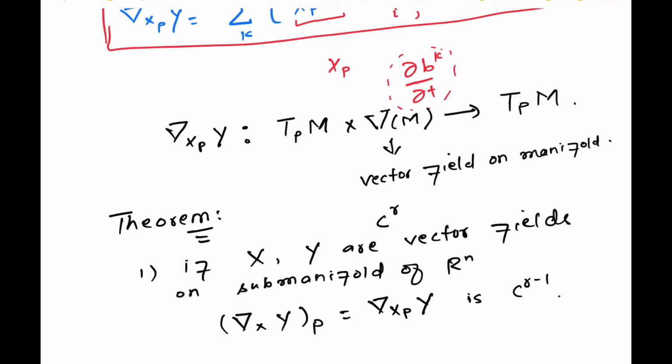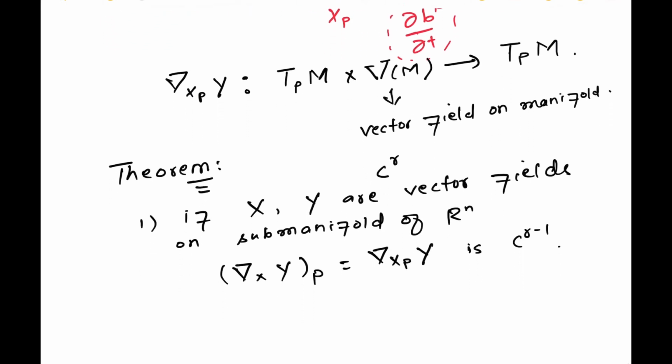That is because it will be differentiated once, so the degree will reduce. If the previous one was, let me say, C3, then del xp y will be C2.